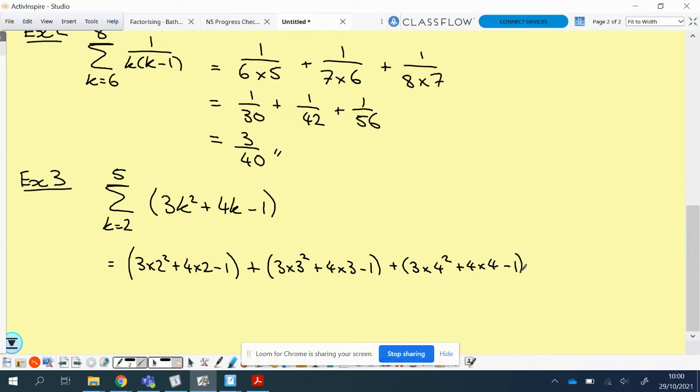And lastly, when k is 5, 3 times 5 squared plus 4 times 5 minus 1. So we're just putting in the values one at a time into the function. That would give us 19 in the first bracket, plus 38 in the second bracket, 63 in the third bracket, and 94 in the last bracket, which then gives us a final answer, if I added them up, of 214.